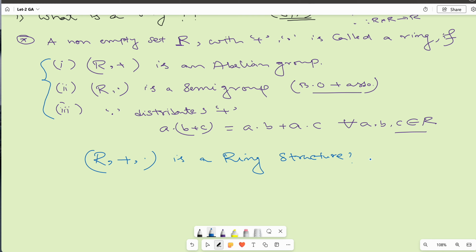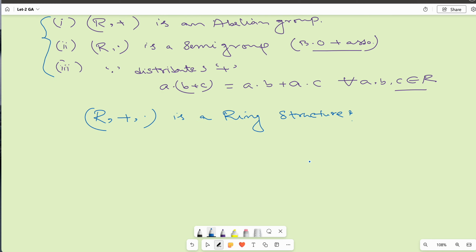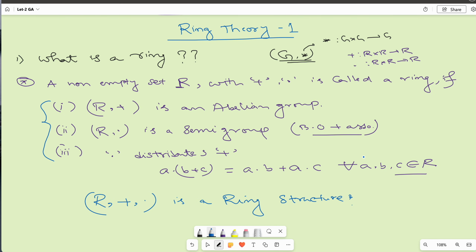The definition is as simple as that. R plus should be an abelian group, R dot is a semigroup, and dot distributes over plus, that's it.